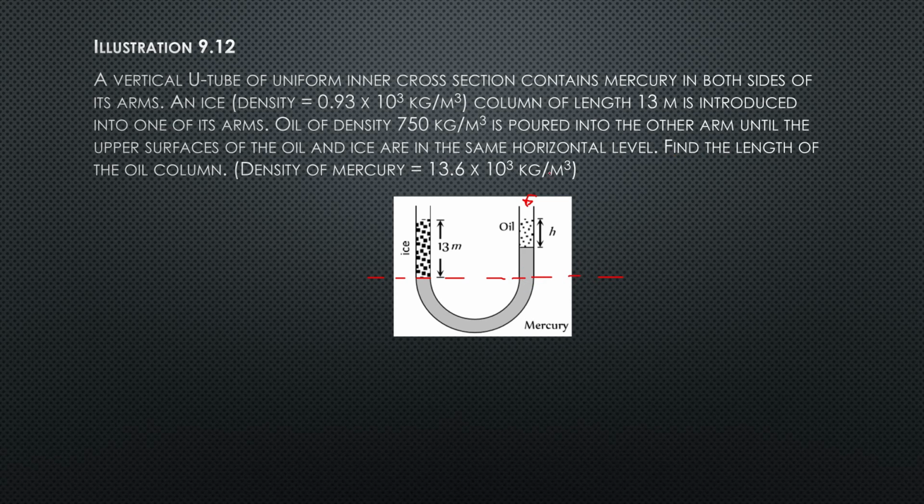Now find the length of the oil column on the given figure. The density of mercury is 13.6 times 10 to the 3 kilograms per cubic meter.